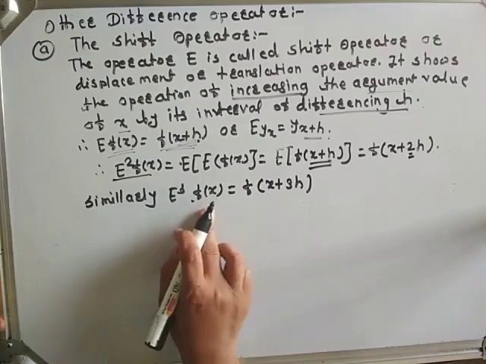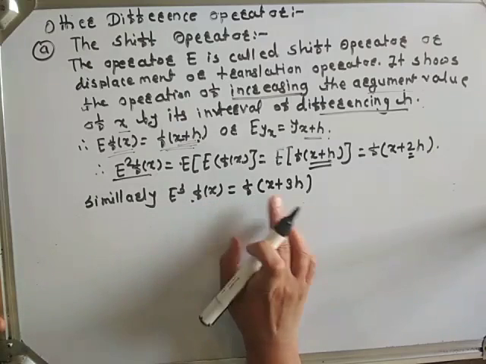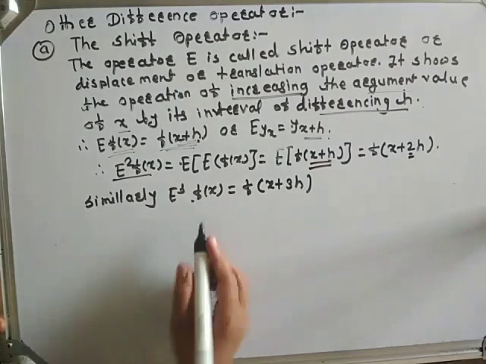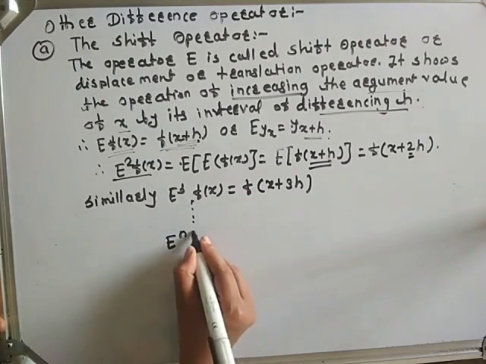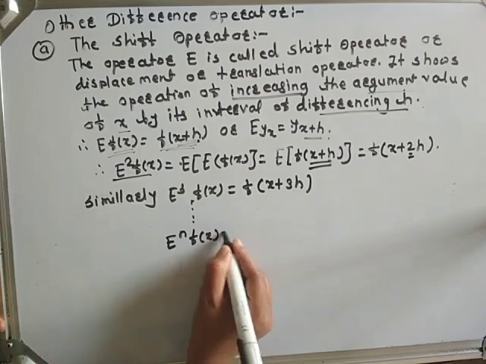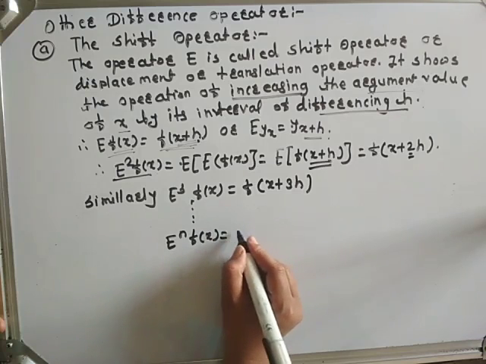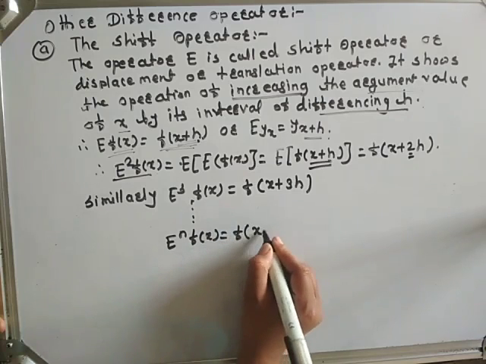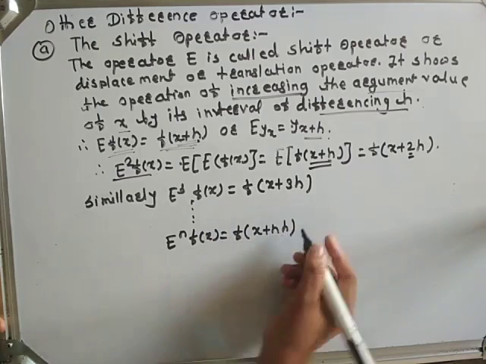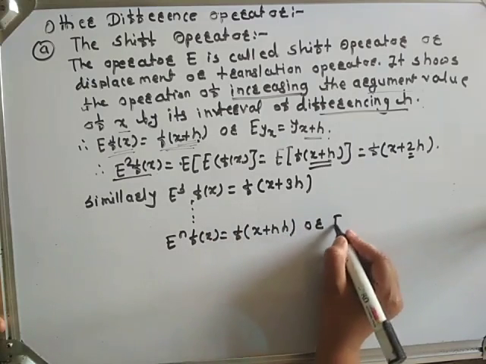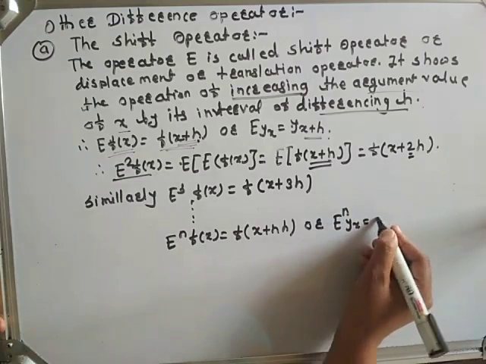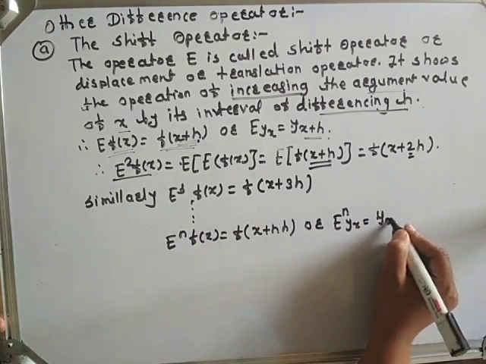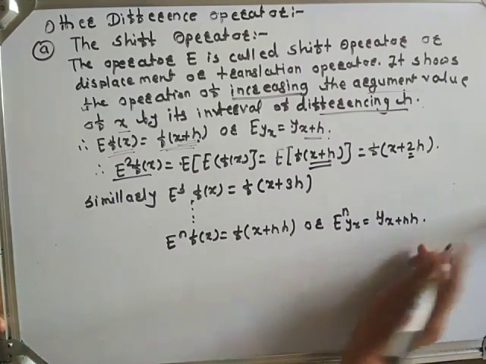Therefore, E cube f of x is equal to f of x plus 3h, and so on up to E raised to n of f of x is equal to f of x plus nh, or E raised to n y x is equal to y x plus nh.